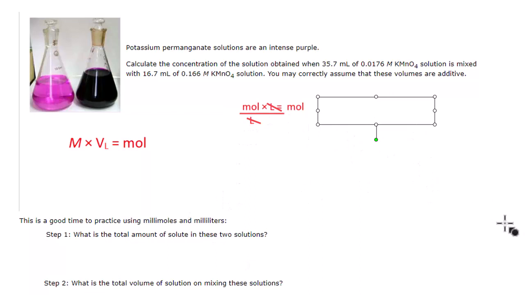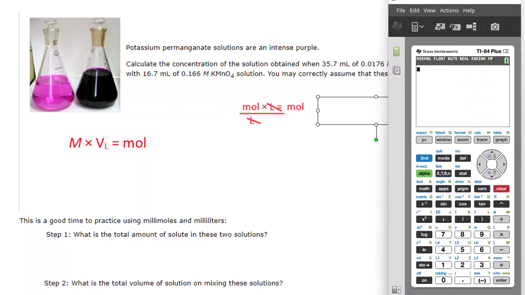We'll find the amount of our first substance here because we'll be mixing the two. I'll pull out my calculator and I'll take my 0.0176, so low concentration, but you're not going to have a high concentration of potassium permanganate. You couldn't see through it at all. And we're going to multiply times liters. By now, you can change these milliliters to liters by moving the decimal point 3 places.